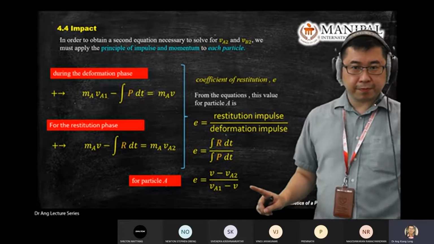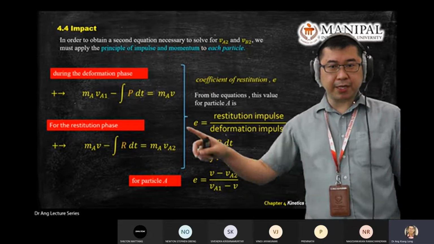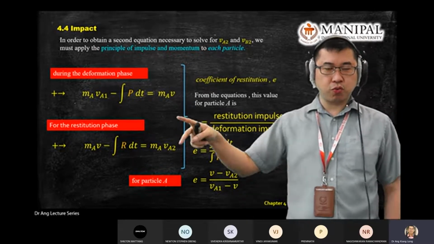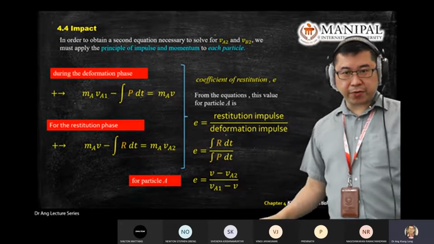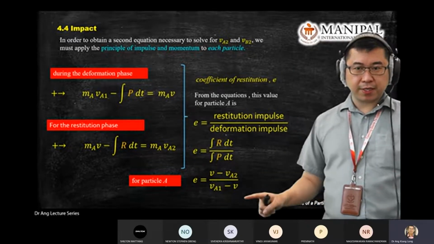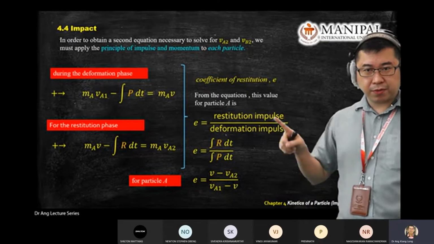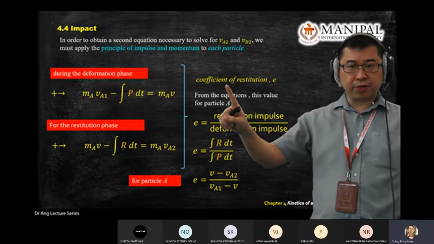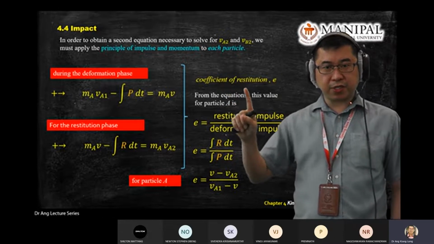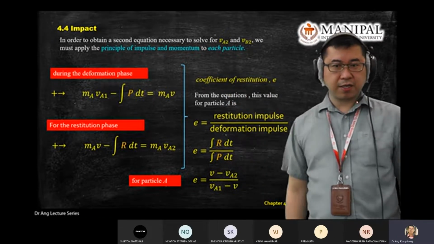So you arrive at this equation by looking at these two equations of impulse and momentum. You rearrange, and you get this one. This is something new for you guys: coefficient of restitution, E.